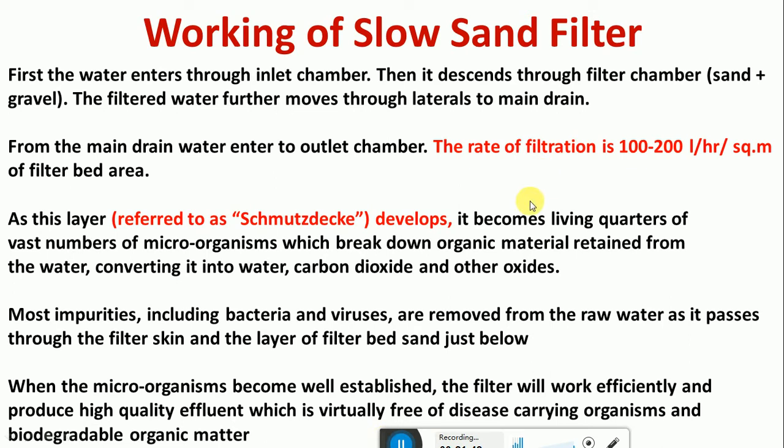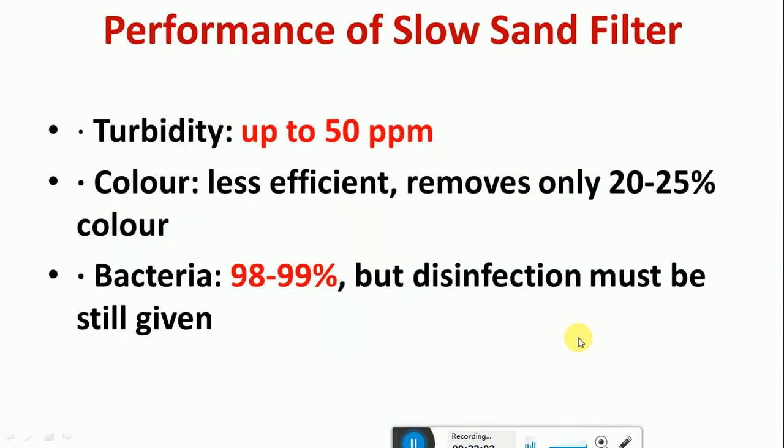Since it is a slow sand filter, the dirty skin layer acts as an effective filter layer above the sand, and it breaks down the organic material and also removes the pathogens from the stream of water. When you talk about the performance of the slow sand filter, it removes turbidity up to 50 ppm.